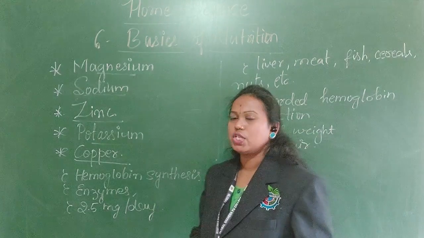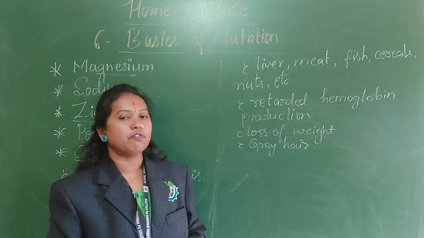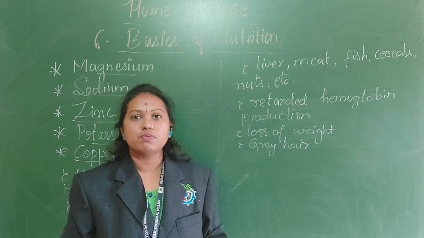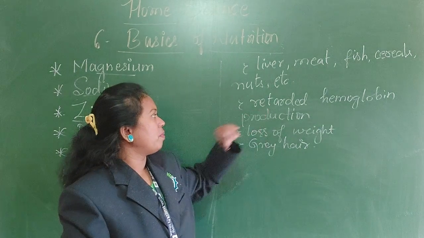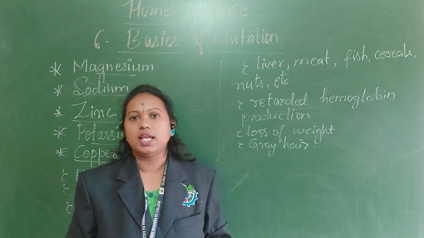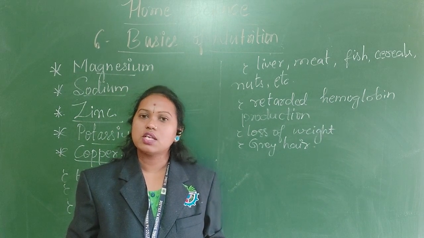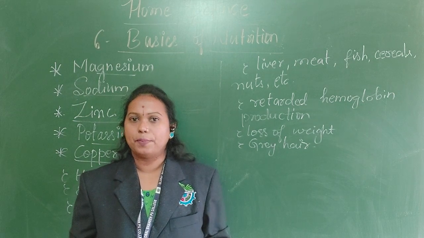Around 2.5 mg is the daily requirement. Some of the sources are oyster, liver, meat, fish, legumes, nuts, cereals, etc. Retarded hemoglobin production, loss of weight and grey hair are some of the deficiency symptoms of copper.